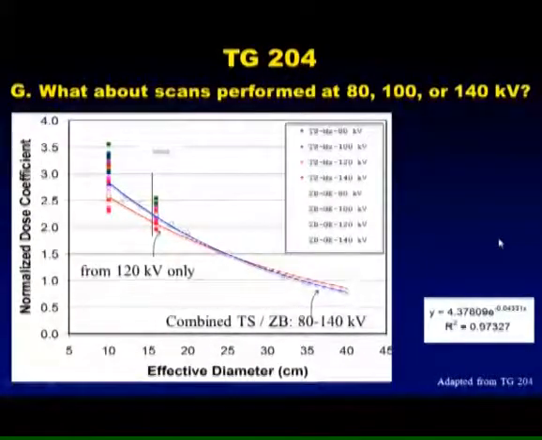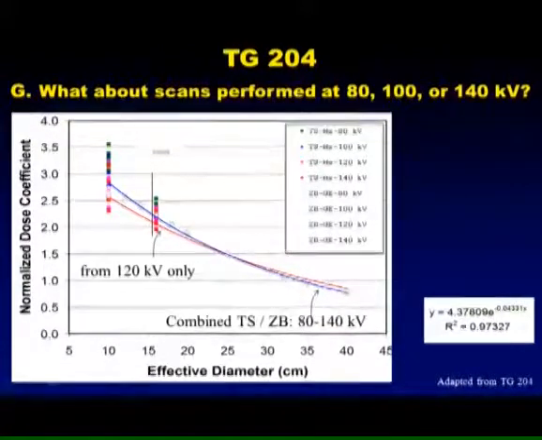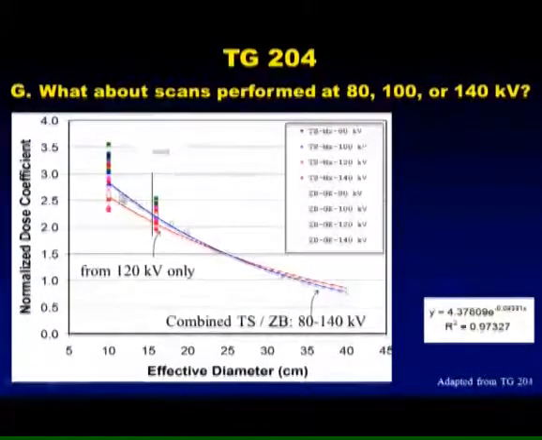So you say, well, that's great, Keith, but we do CT scans at 80 kV, 100 kV, 140 kV. What about that? Well, here's that original curve with 120 kV data only, and here's the like curve for 80, 100, and 140 kV data.